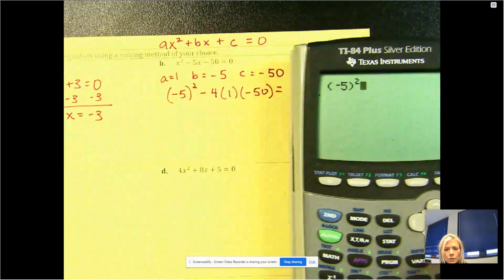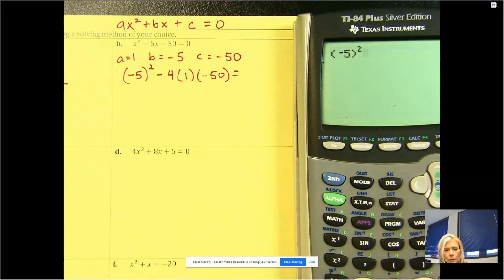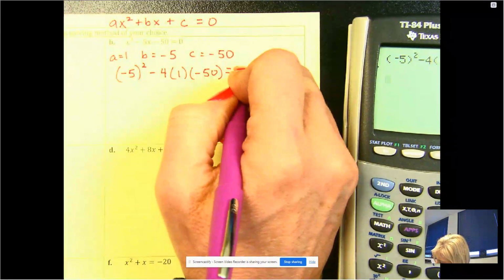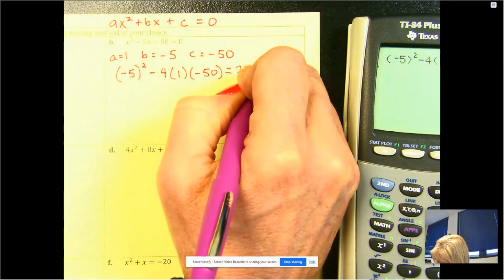Oops, let's do this. This needs to be a minus sign before the 4, not a negative sign. So 4 times 1 times -50. 225. So that's equal to 225.